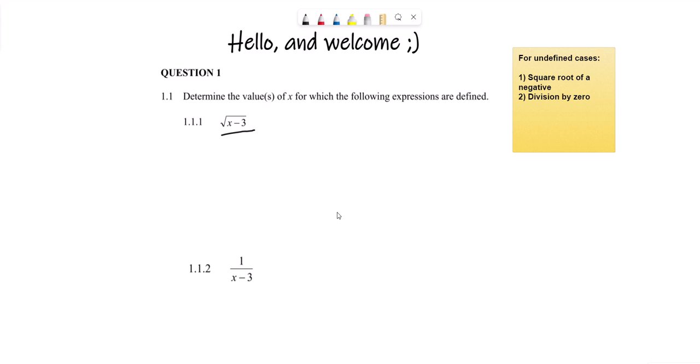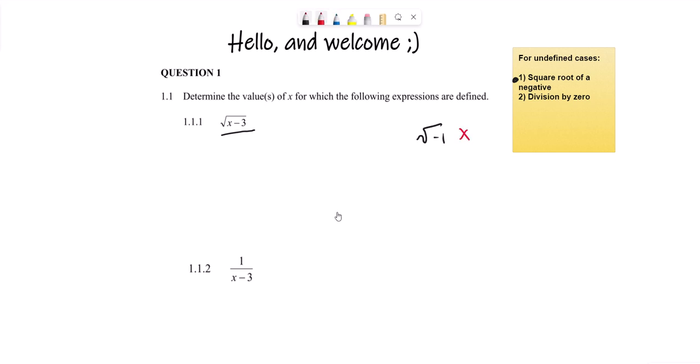So what do we have here? We have a square root, so we need to work with number 1. In other words, the square root of a negative does not exist. The square root of minus 1 does not exist.